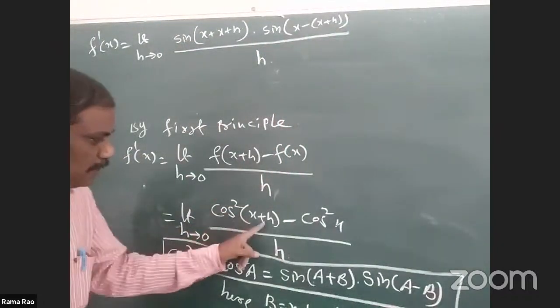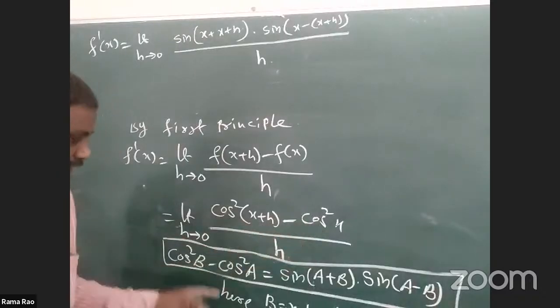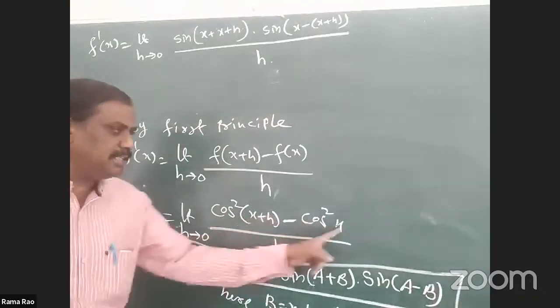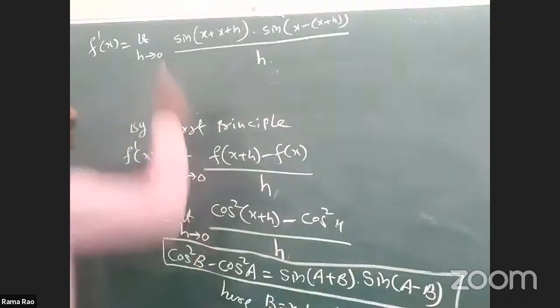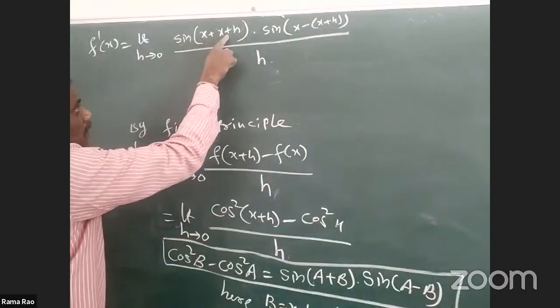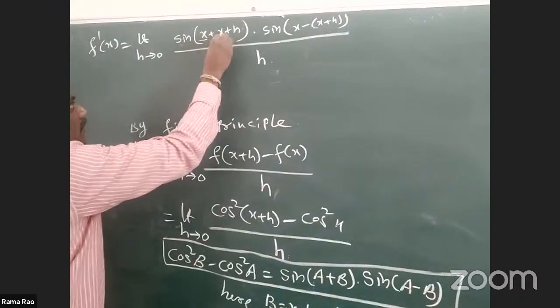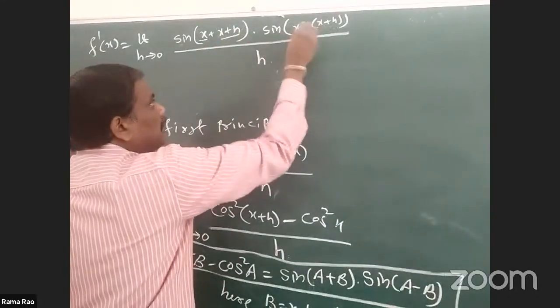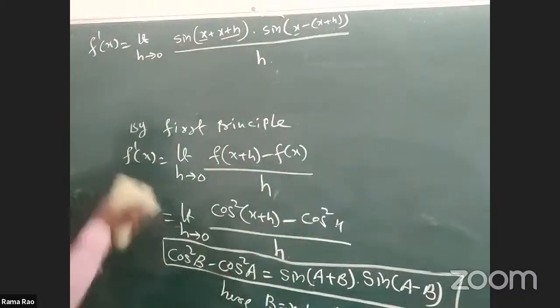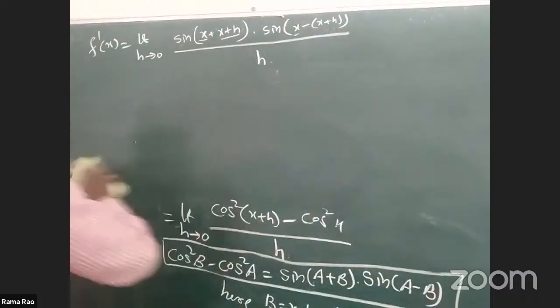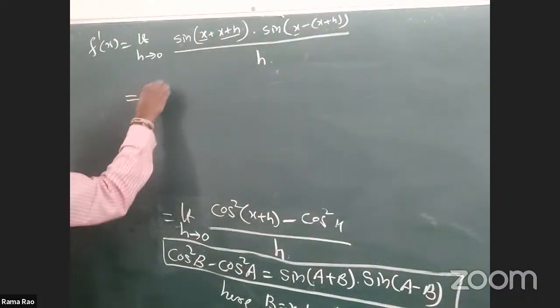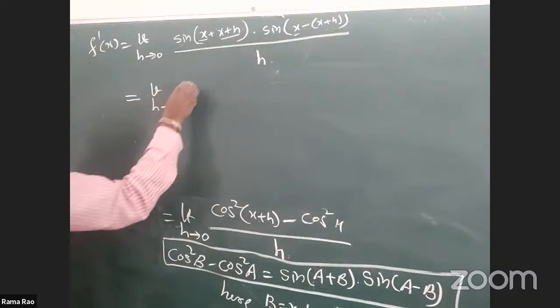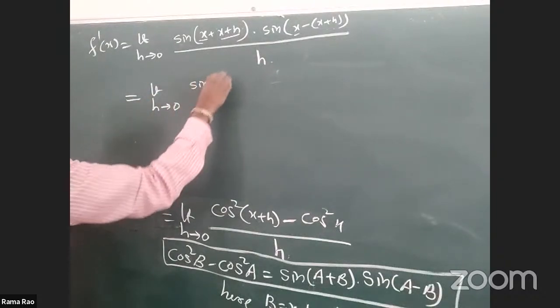Now you can simplify it. Limit h tends to 0, sin of 2x plus h.